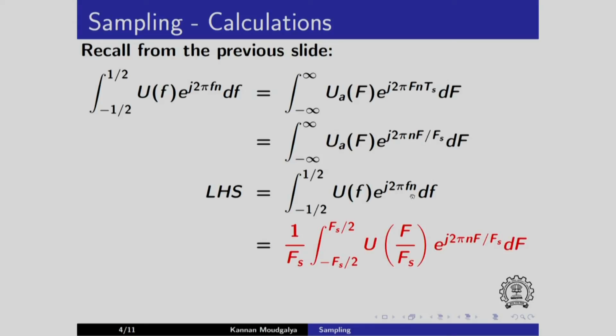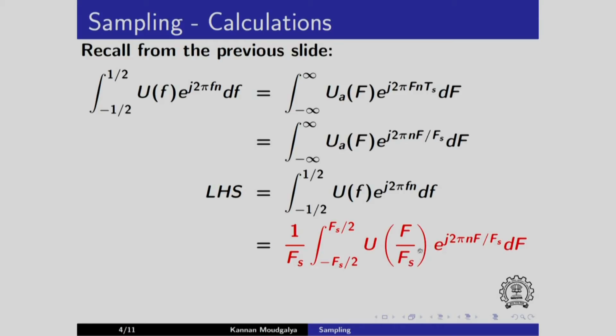and I write the expression for f as capital F by capital Fs. Recall that this is how this small f is defined. And similarly here also, in the place of small f, I write capital F by capital Fs.